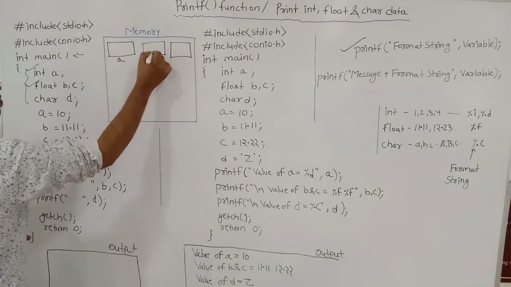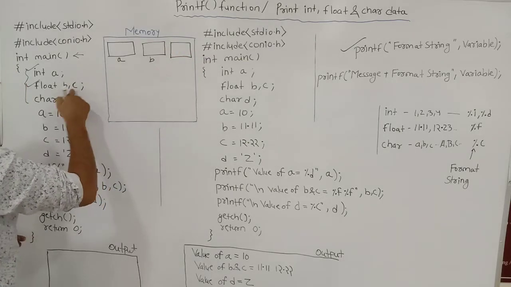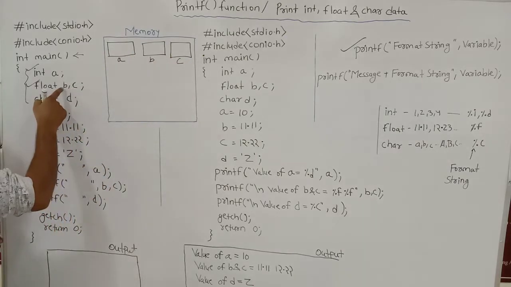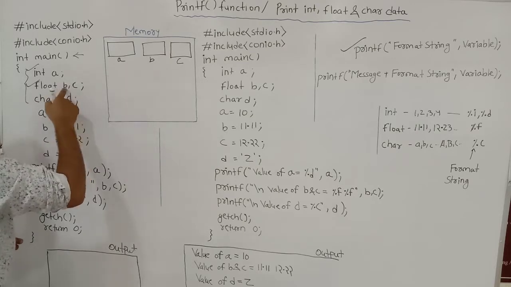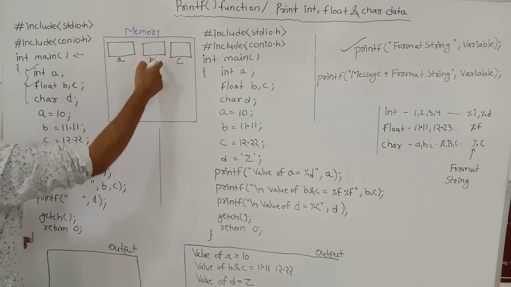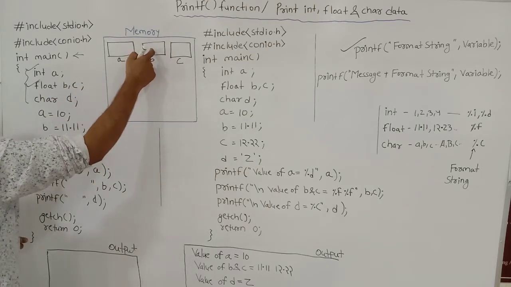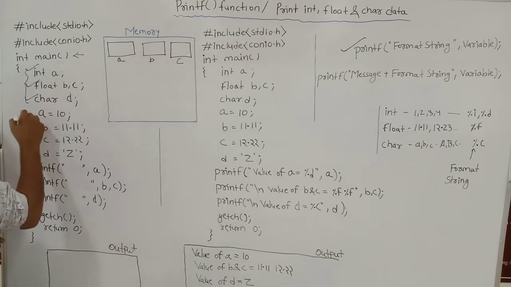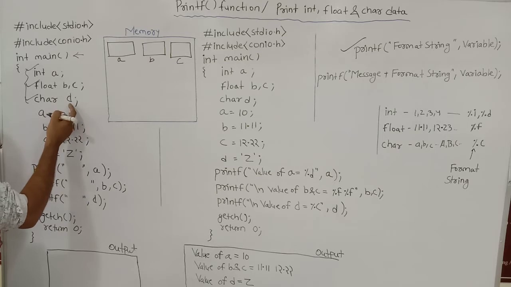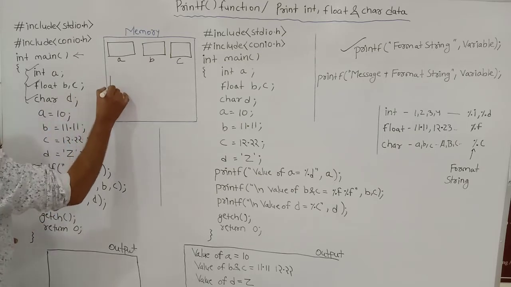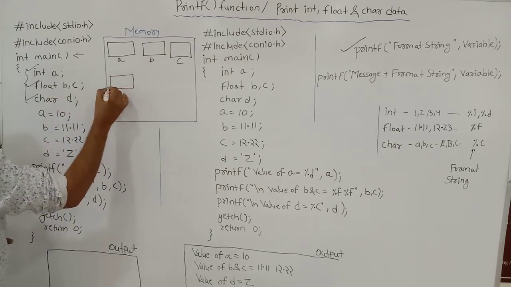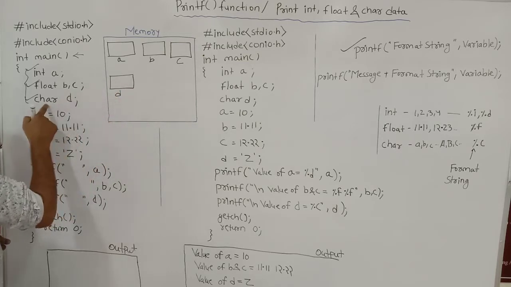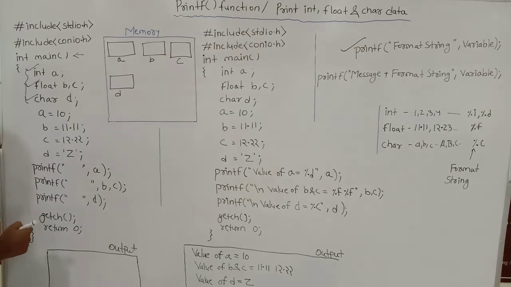The name of this memory location will be B and the name of this memory location will be C. Always remember, we have created B and C variables. In these memory locations we can store floating data. Then when the third line executes, one more variable of character type will be created, and the name of this variable will be D. In this memory location we can store character data.